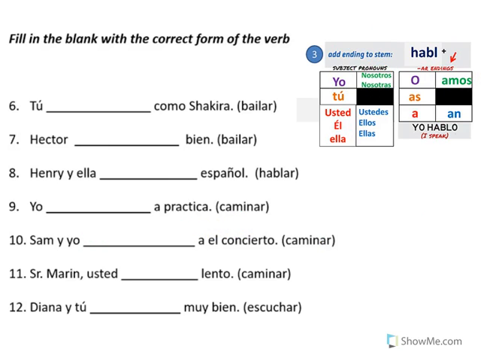Number 11. Almost done. Señor Marín, usted. Usted is right there. Usted means you. So what we're saying on 11 is, Mr. Marín, you, something, lento, slow. You walk slow. But we can't write this word like it is here. We have to conjugate it. It means we have to write the correct ending. Usted, cami. Ooh, the ending. Let's find it. Chart.